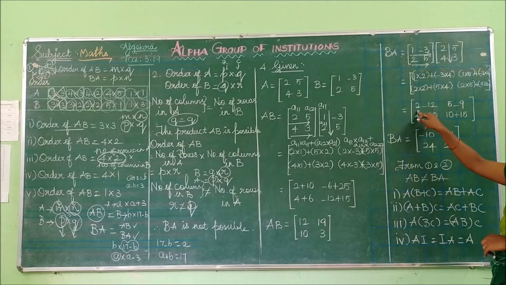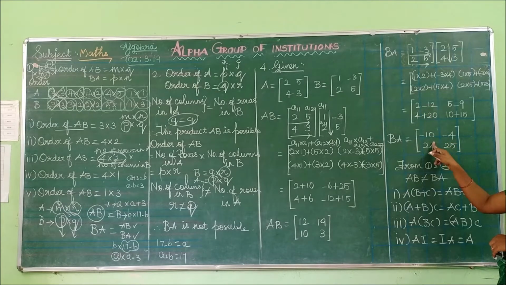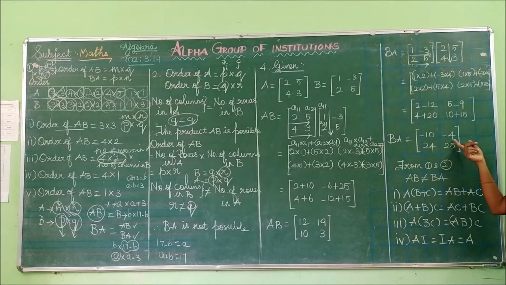Now you can subtract: minus 12 plus 2, our answer is minus 10. 4 plus 20 is 24. Then 5 minus 9 is minus 4. 10 plus 15 is 25. Now we got the BA matrix, which is minus 10, minus 4, 24, 25. So we have simply found AB and BA. Now we want to check whether AB is equal to BA or not. Here our AB is not equal to BA.